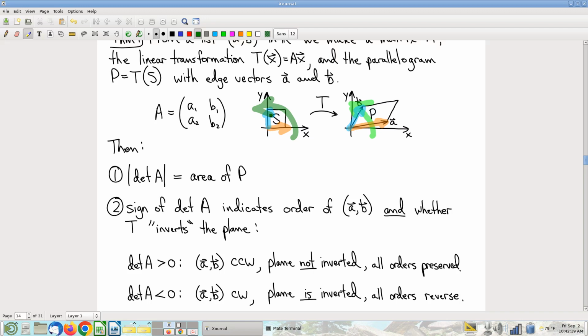So in this case, there was no flipping. Nothing got flipped upside down. Whereas, on the other hand, let's suppose it went the other way. Let me get rid of these labels because they're just confusing me.